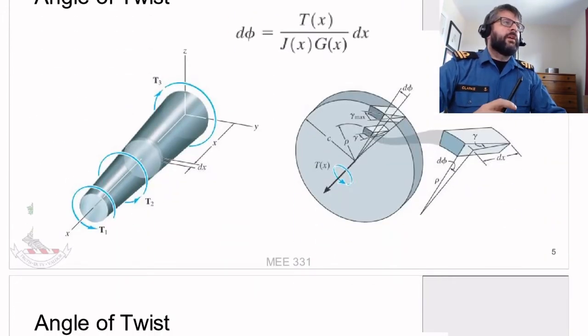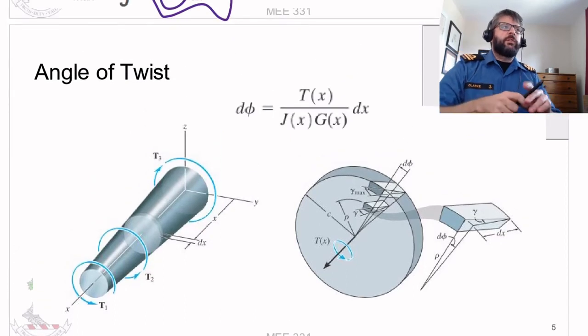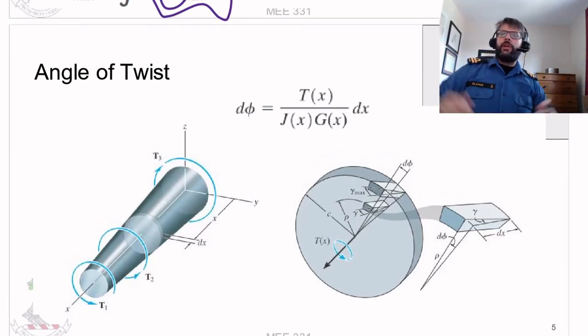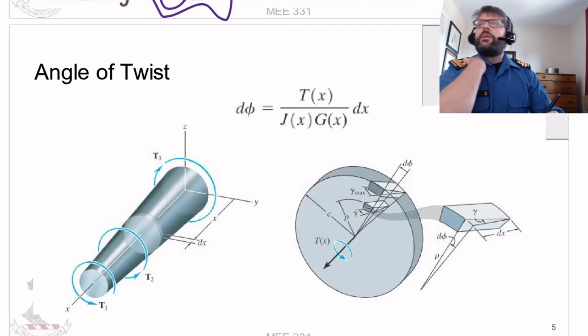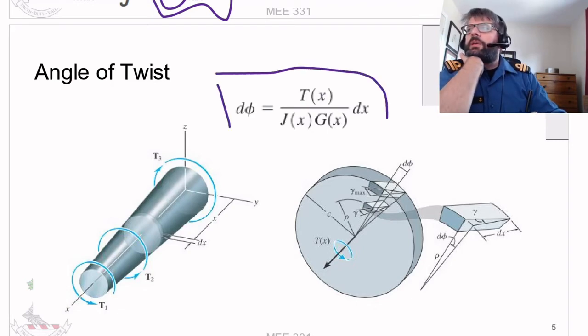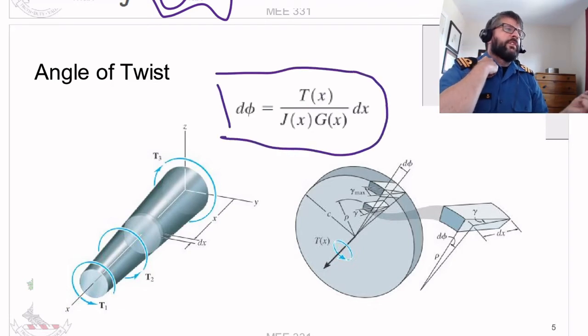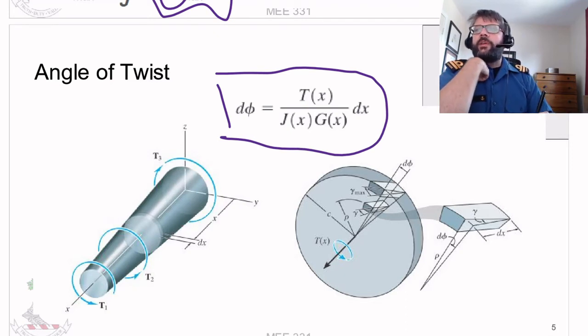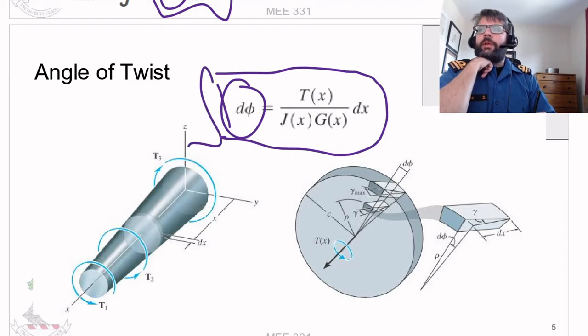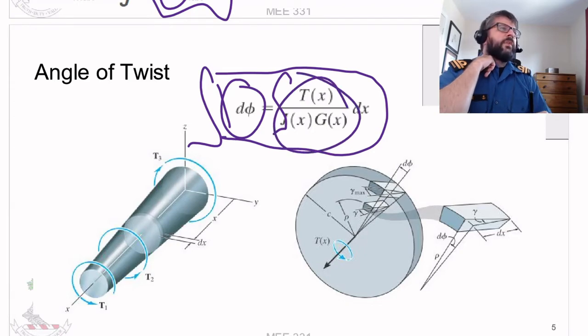So if we need to find out how much this thing twists over an entire length, well, if these things vary, then obviously we're going to need to integrate that as these things vary.